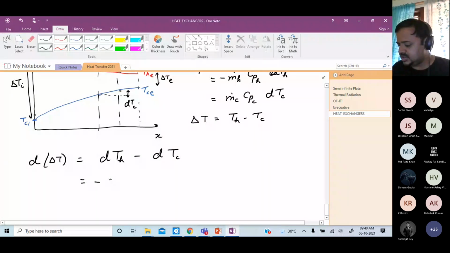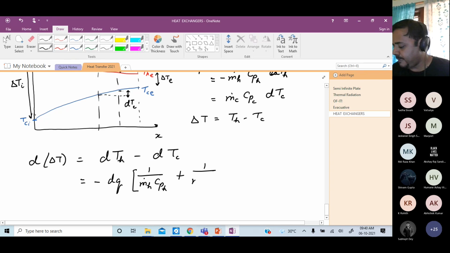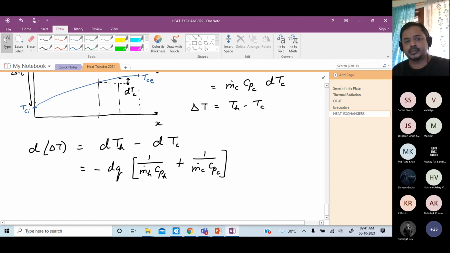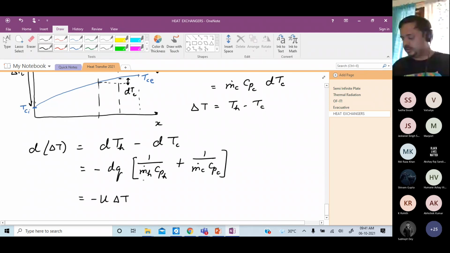Minus dq plus dq over the respective heat capacity rates, so this therefore I can write as minus U delta T W dx.